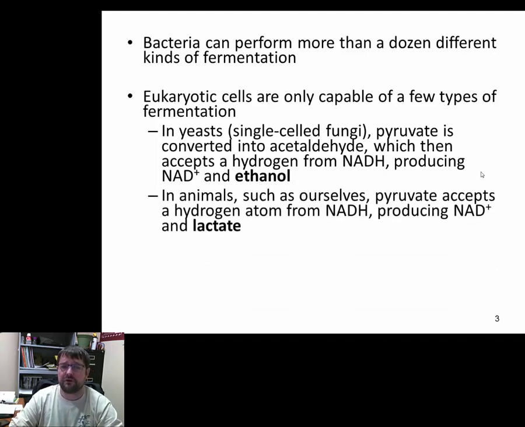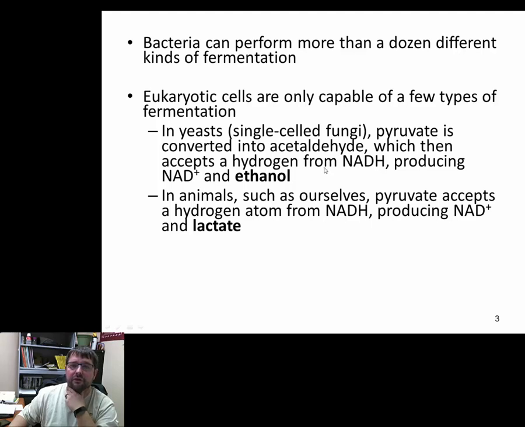In the case of animals, the NADH that was formed through glycolysis, through the breaking down of glucose, you remember that electron carrier, it donates an electron and hydrogen to pyruvate instead of having an intermediate.